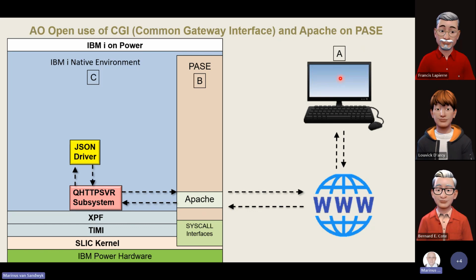And based on the request that was received, it then returns this to the subsystem. The subsystem returns it to Apache or to PACE. As I said, I will talk collectively between the two. And this is then rendered back to the client as secure, encrypted information.